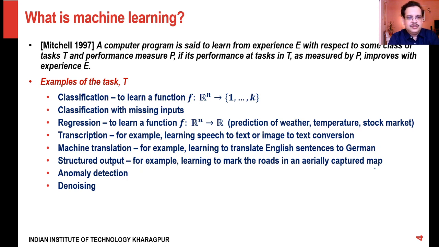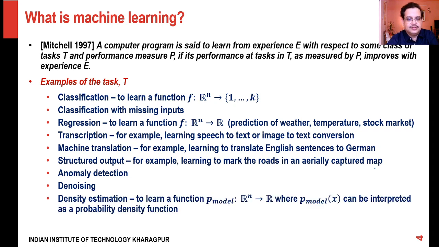Denoising is also an interesting machine learning task where you have a lot of data and you want to find out the noises and eliminate them. As you can imagine, it's somewhat related to the anomaly detection problem, because an anomaly can sometimes be due to noise, and you may actually want to filter out those noises and get a set of data which is free from those noises.